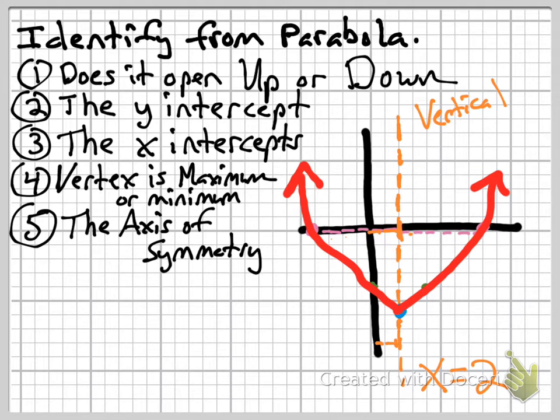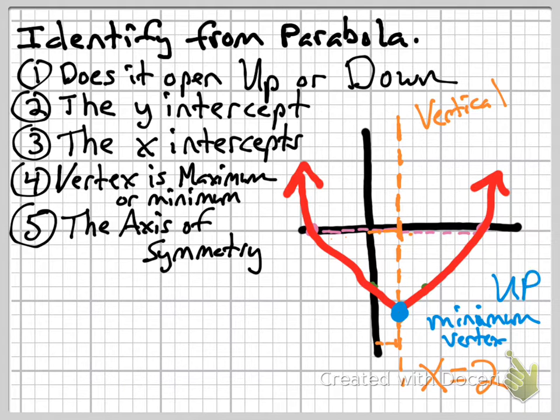Now, the next thing I want you to notice is that on the Axis of Symmetry, you'll always find the vertex. So there's the vertex. It's a minimum vertex, because the parabola is opening up.